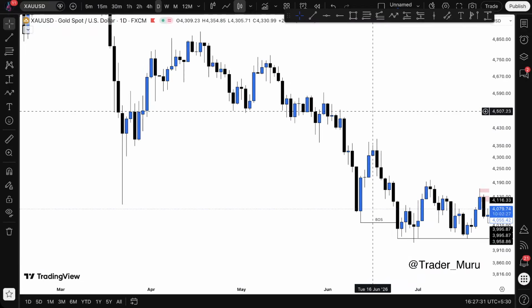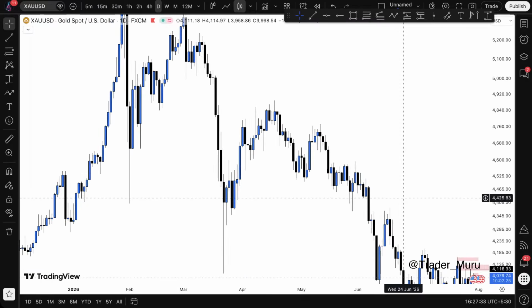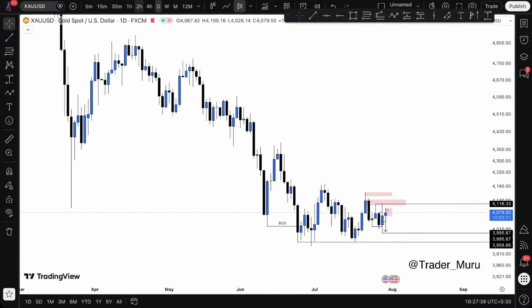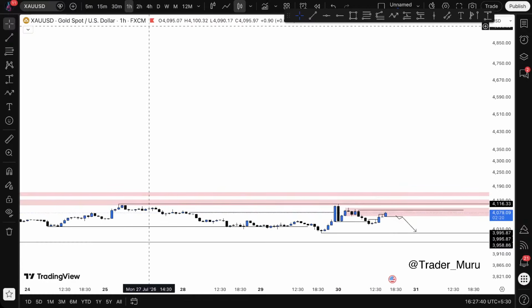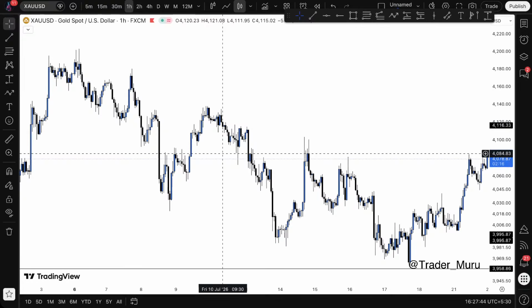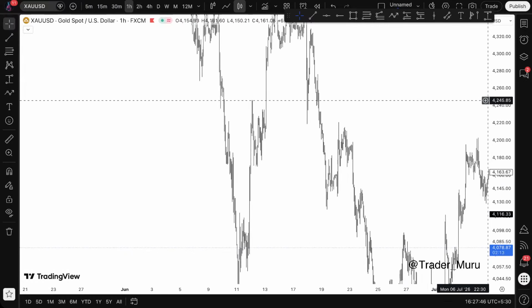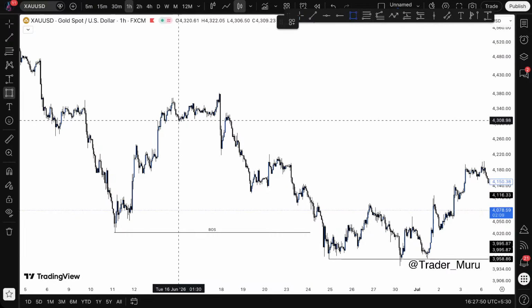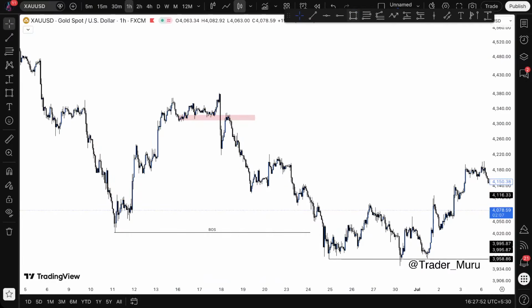What does a trend look like? Let me show you what an actual trend looks like. This is how an actual trend looks. Break, retest, drop. Break, retest, drop.